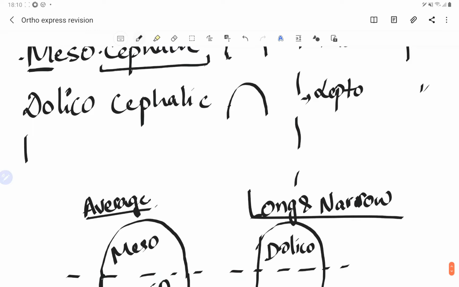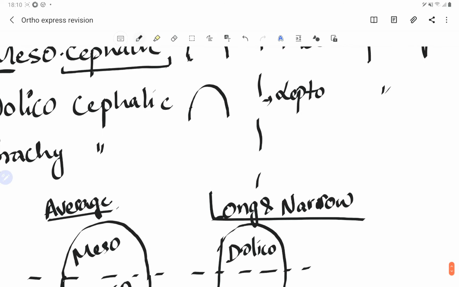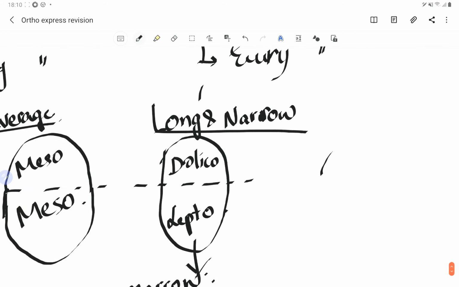The third term we have is brachycephalic, which means short and broad. B for broad, B for brachy, you can remember. And here we have eury, E-U-R-Y, euryprosopic. So broad and short face, broad and short head.